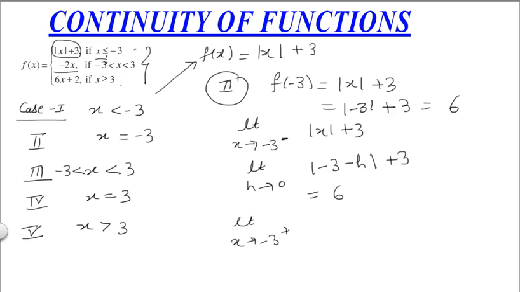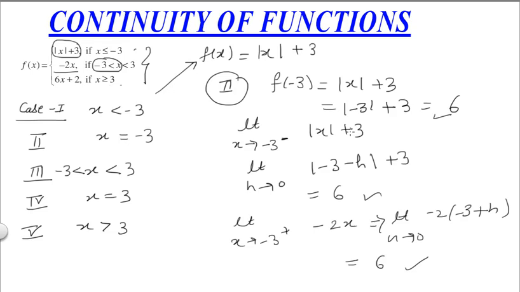For greater than -3, the value of the function is minus of 2x. So now changing it to limit h tending to 0, -2 times (-3 plus h), putting h as equal to 0, we get 6 as the answer. You see all the three things, LHL, RHL and value of the function are equal. Hence this is a continuous function at x equals -3.